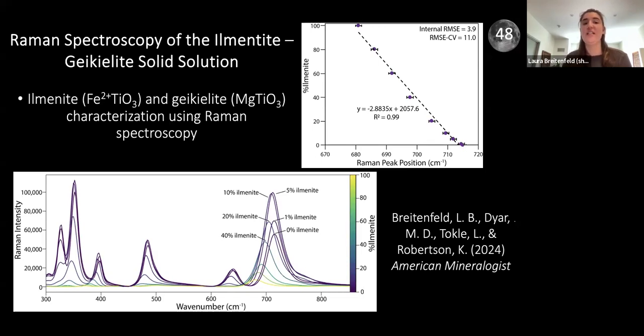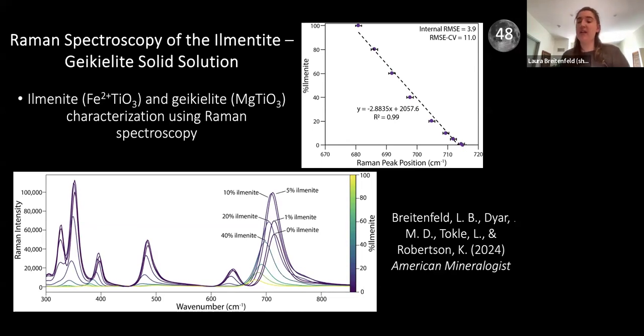So ilmenite is the iron titanium oxide mineral, whereas geikielite is the magnesium titanium oxide mineral. And I characterized samples on the solid solution using Raman spectroscopy. So you can see here those spectra color-coded by their composition, with the geikielite in purple and the ilmenite in yellow.